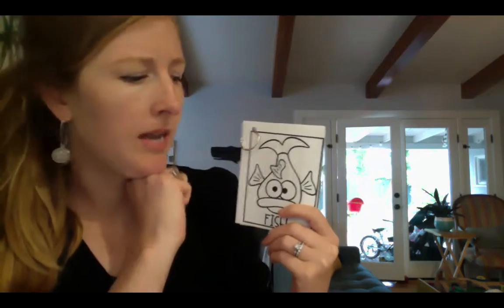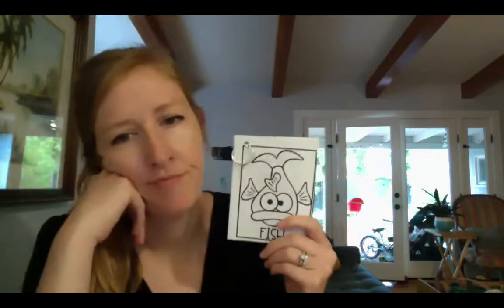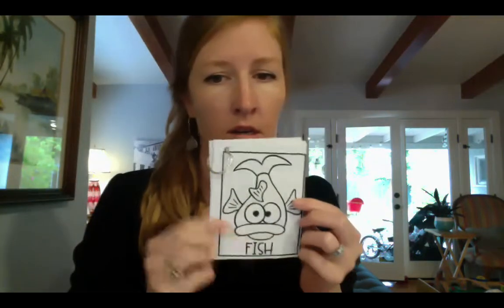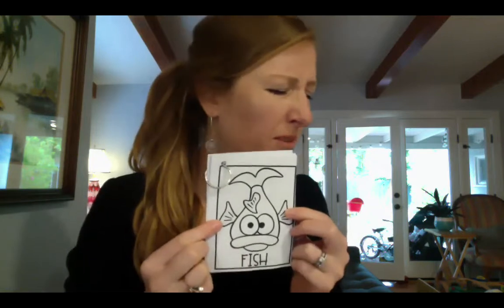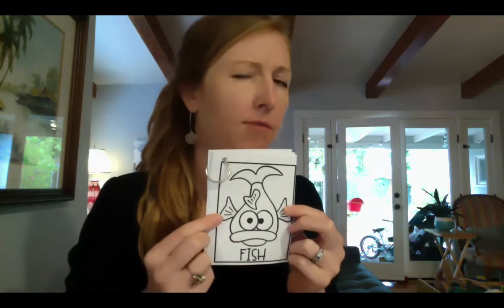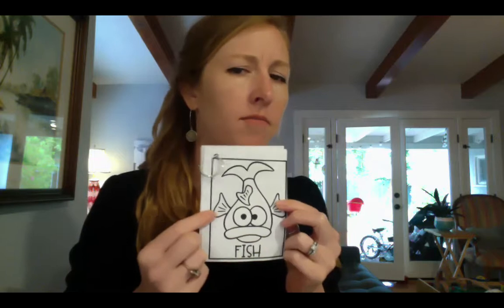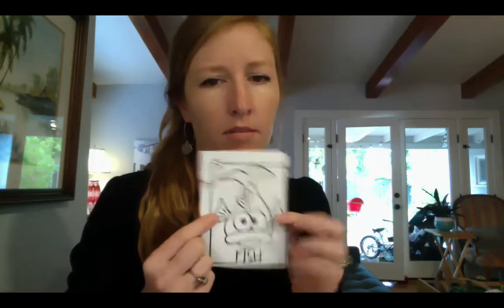The ones on the sides, it depends on the fish and their placement. But these would probably be the pelvic fins, if I had to guess. You can help me tomorrow when we label our fins. Okay.